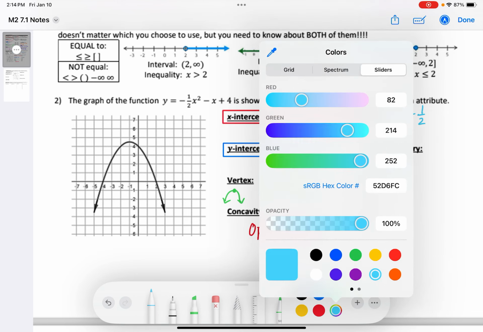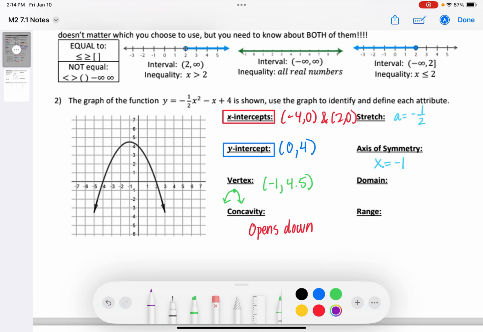And then the last two, domain and range. Domain is the set of all possible x values, and we read it from looking at the graph from the left to the right. I'm only looking at my x values here, only looking at this horizontally. From my left side, it's coming from all of my negative x values.